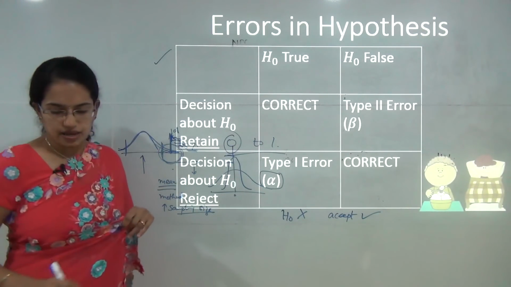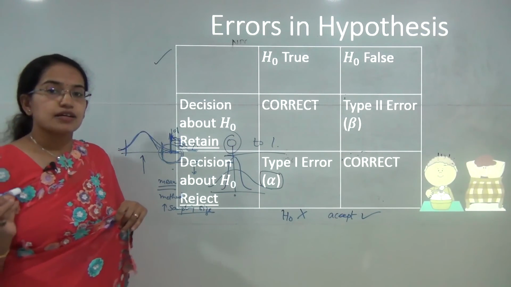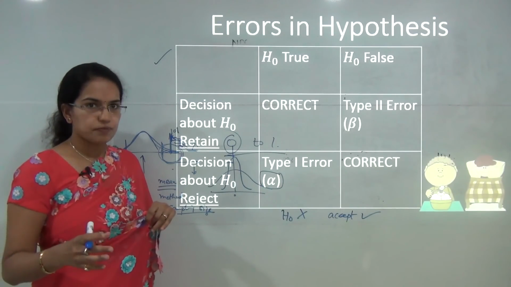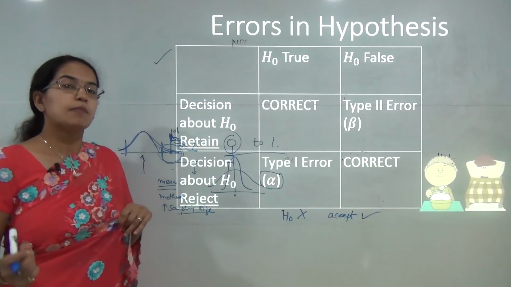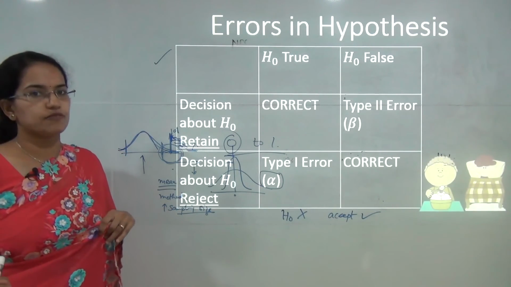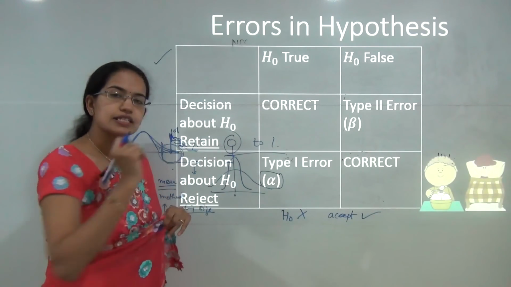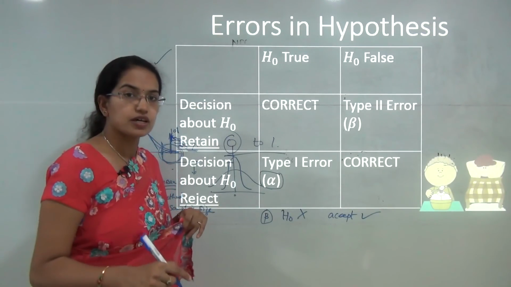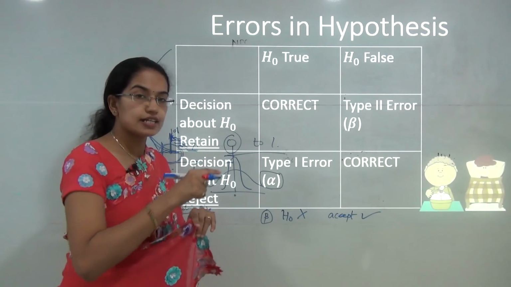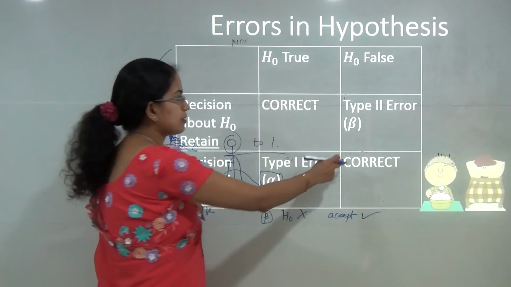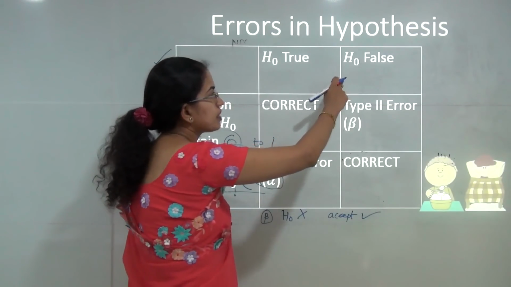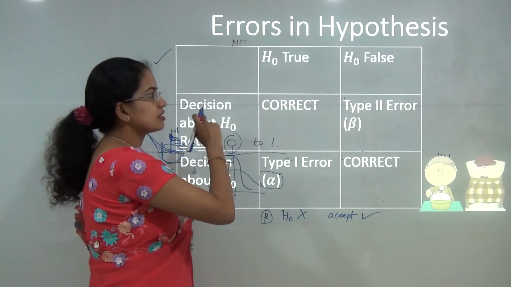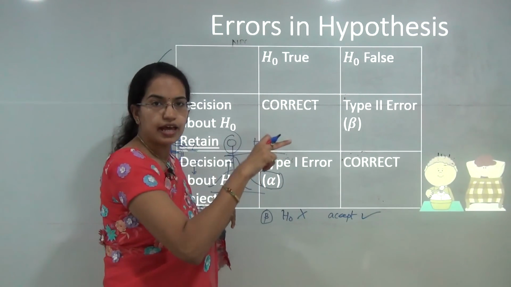With the same example, a child is running a fever, but still I say the child is not running a fever. That would be an example of the beta error, because the child has the fever, still I am saying that the child does not have a fever. So I am accepting the incorrect null hypothesis.